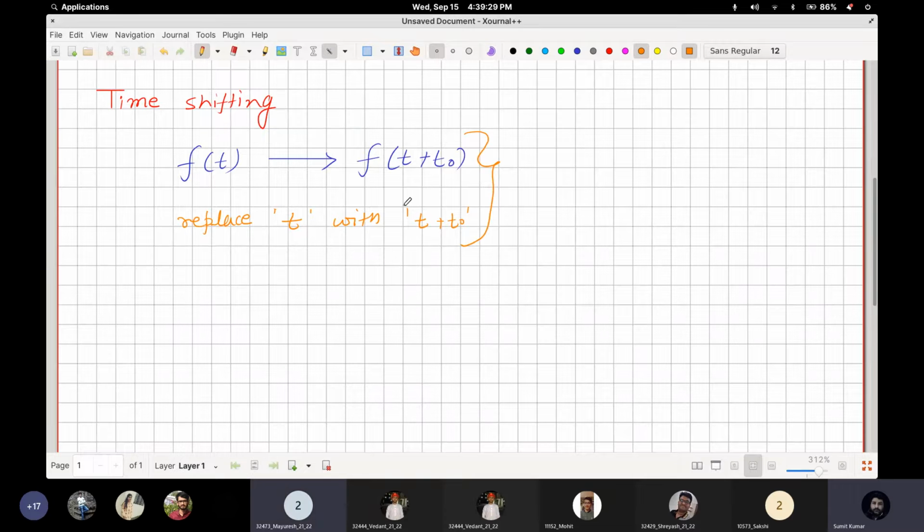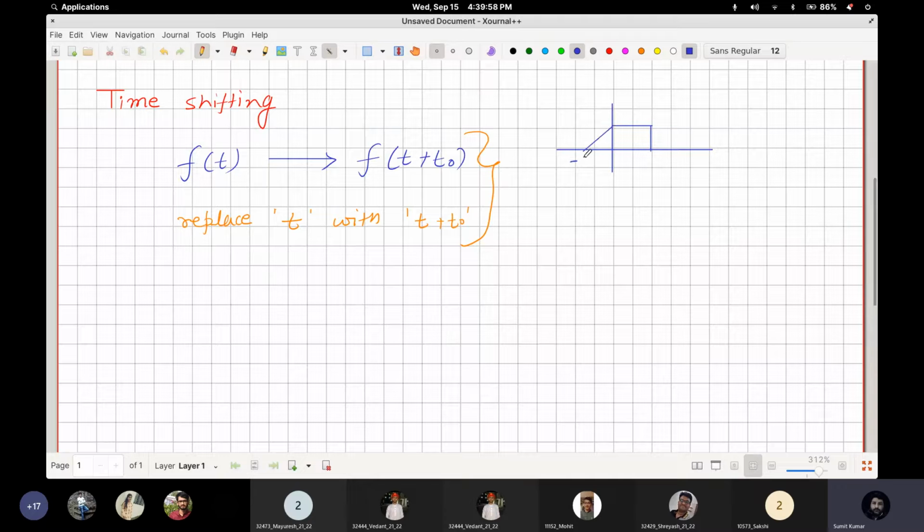Yes, sir. Okay, and now let's just take an example, and from that example we are going to visualize how this is going to affect it. Let's say that our signal is something like this. So let me just draw this. This here is our f of t. Let's say this is a rectangle on this side, and on this side it's a line.